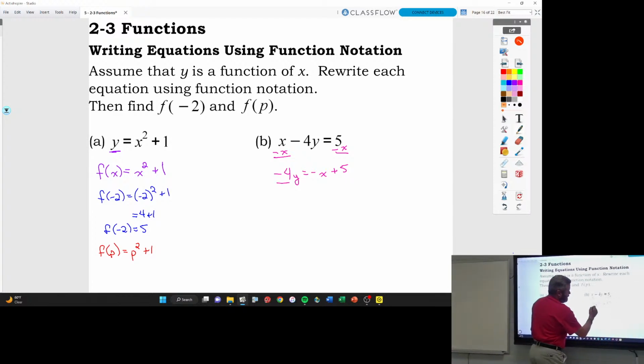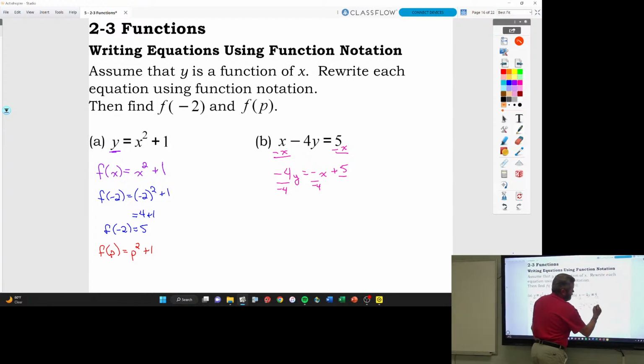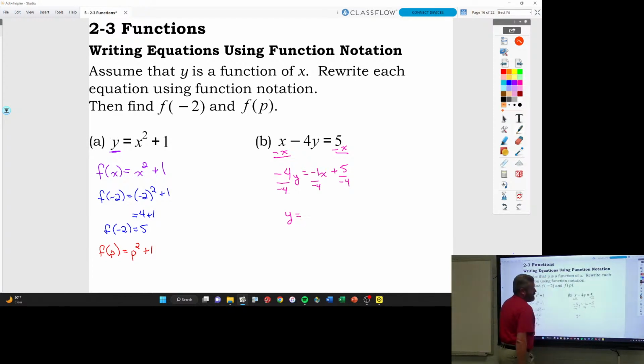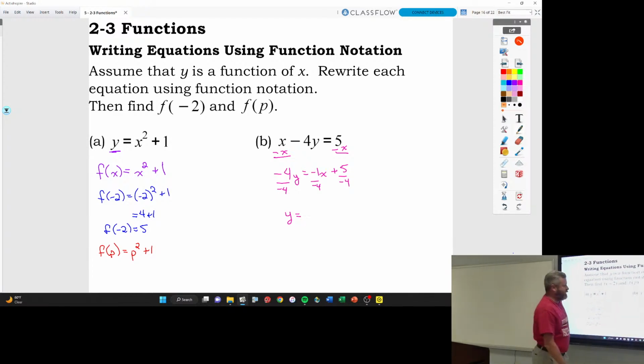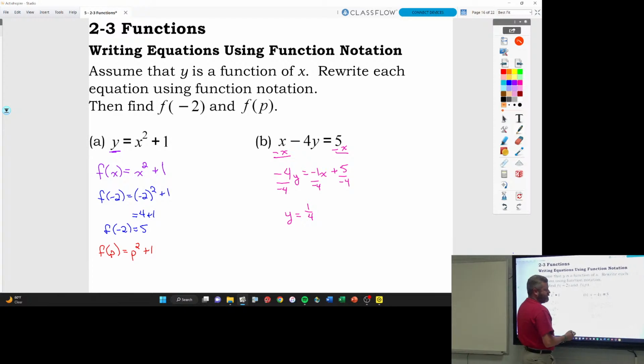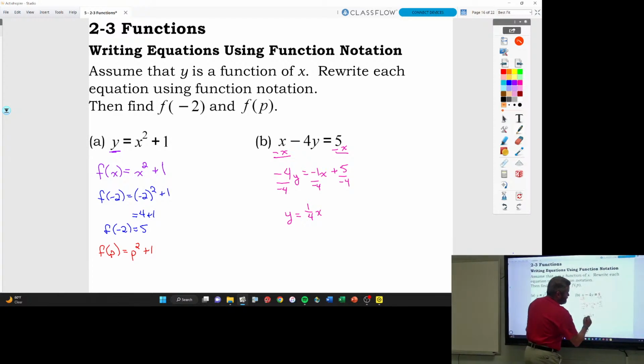So divide that by negative 4, divide this term by negative 4, divide this term by negative 4. I get y equals, okay, so there I've got a negative 1 divided by negative 4. That would be a positive 1/4. And plus 5 divided by negative 4, that would be, don't forget my x there, and that would be a negative 5/4.